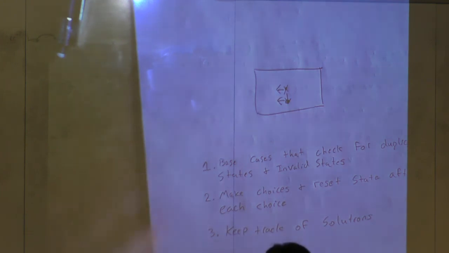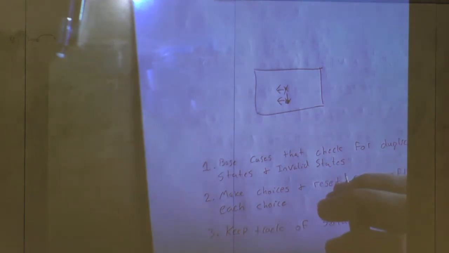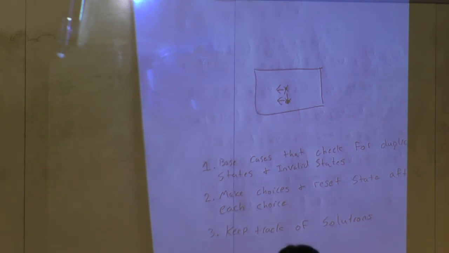Some things I would say as far as problems possibly on the final or the foundation exam would be, usually they'll have most of the backtracking function written out, and then it'll have some fill in the blanks, right? So you're going to want to understand what they're trying to do. You're going to want to understand what mechanism is representing the state.